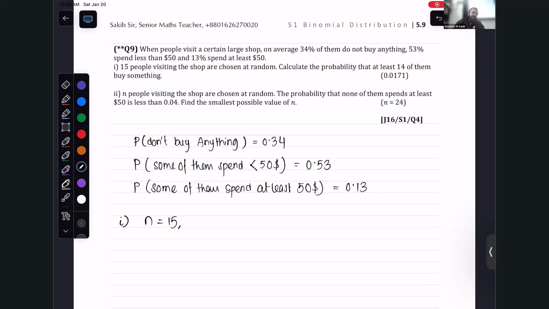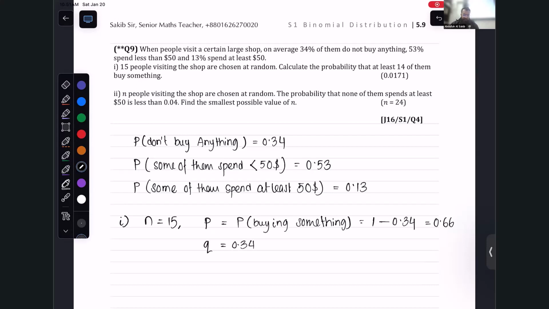Buying something is the probability of success. Buying nothing is 34%, so buying something will be 1 minus 0.34, and that is 0.66. So the probability of failure will be 0.34.